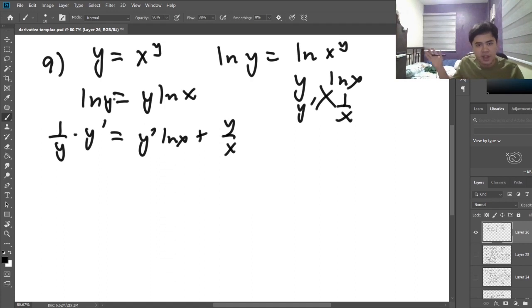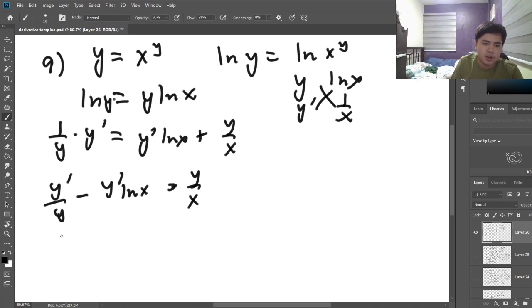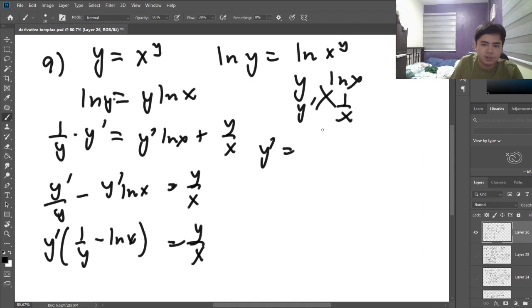Let's put everything that has y prime to one side. So we get y prime over y minus y prime ln x is equal to y over x. So y prime times 1 over y minus ln x is equal to y over x. So y prime is now equal to y over x over 1 over y minus ln x.